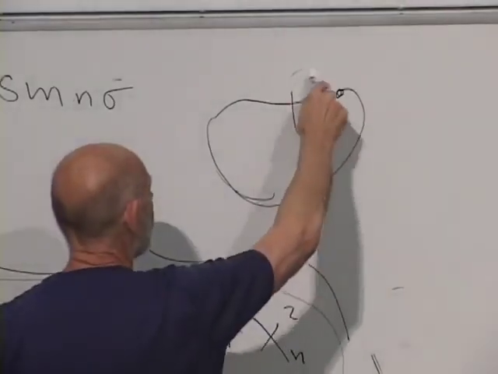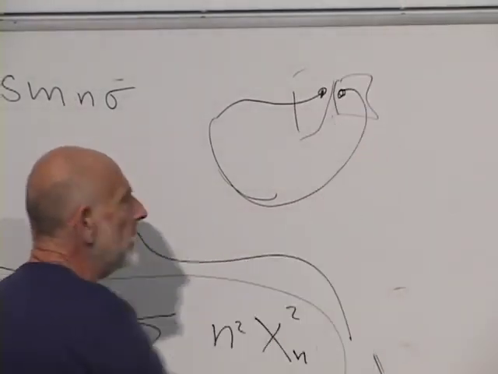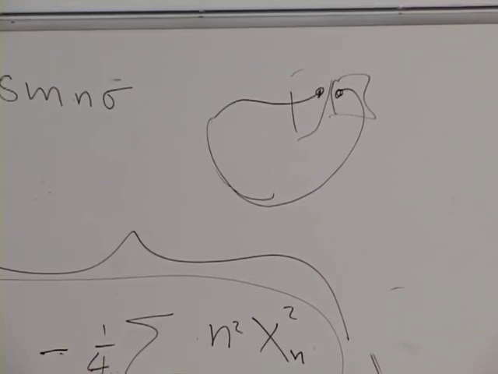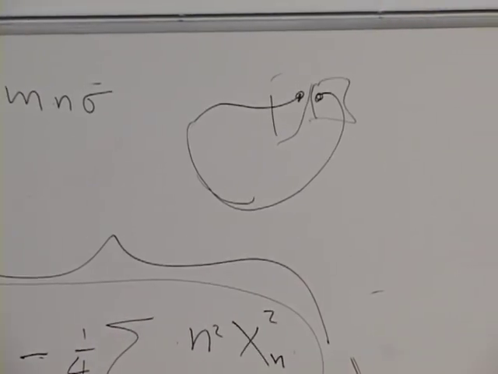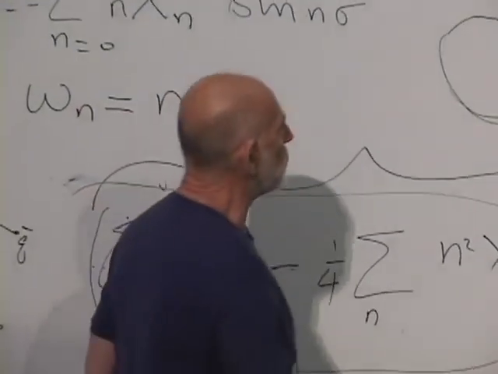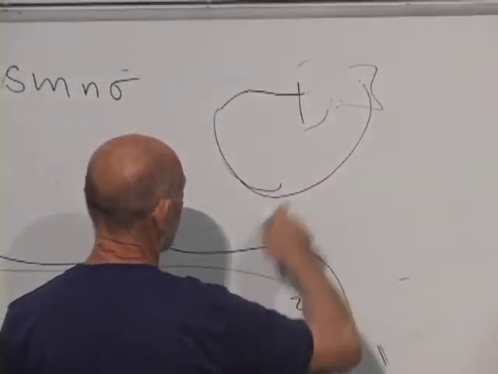This end of the string over here sees another end of the string over here. It doesn't know it's part of the same string. All it knows is it's found another end to annihilate with. So once you introduce string interactions, you are committed to something new. You're committed to closed strings.